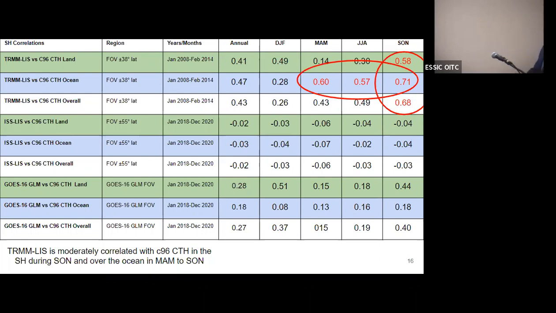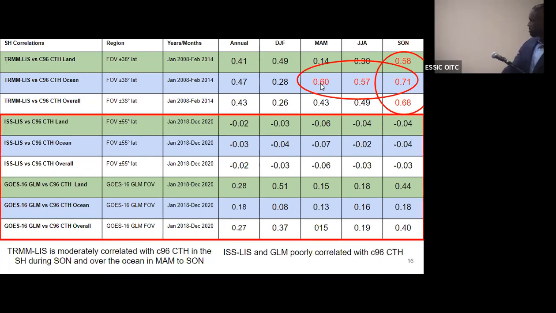TRMM does okay over the ocean in March, April, May, and June, July, August. And then ISS-LIS and GLM don't do well in the Southern Hemisphere.